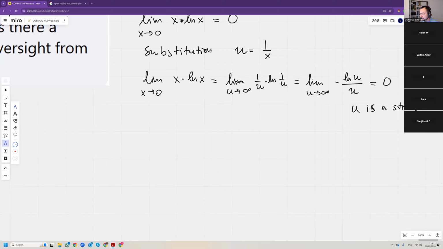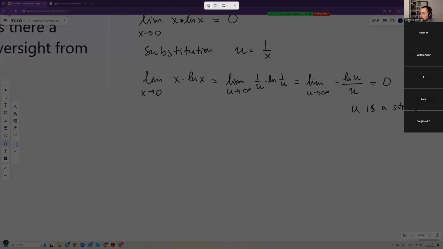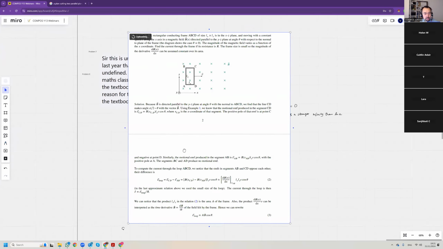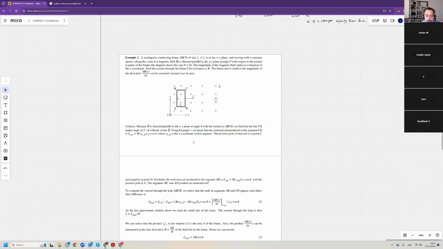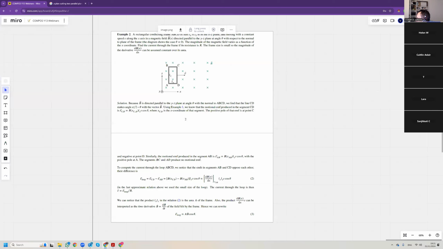Example 2. Current induced in AB would have a positive pole at A, but the current induced in CD would have a positive pole at C.